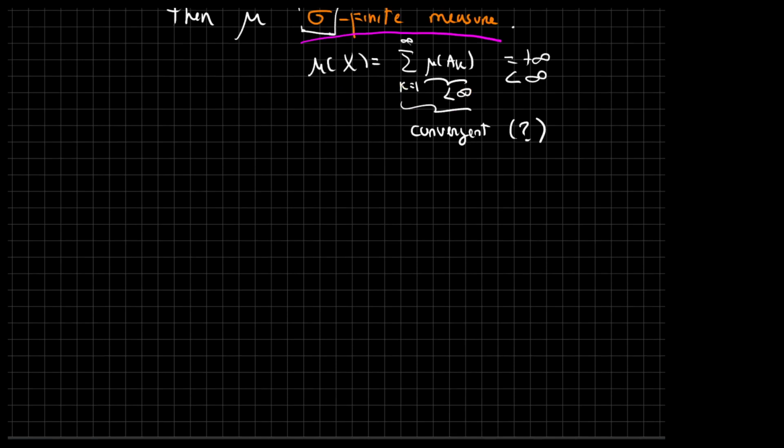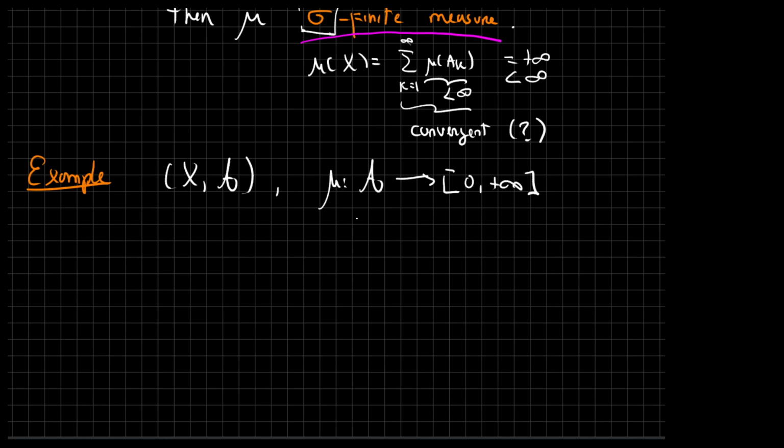Now let's go with an example. Let's say that we have a measurable space X and our sigma algebra, and we have some function defined on this sigma algebra as follows: mu of A is equal to 0 for every element of the sigma algebra.